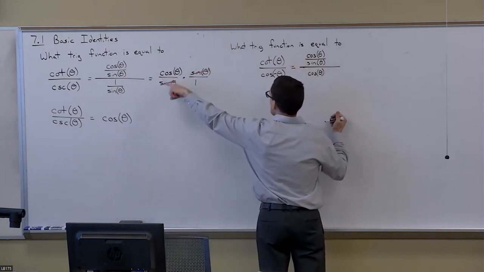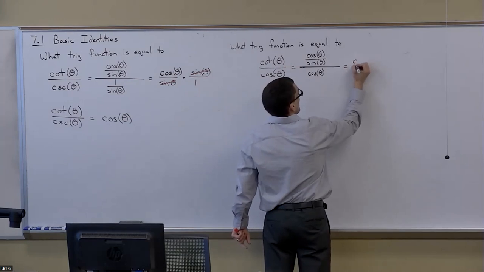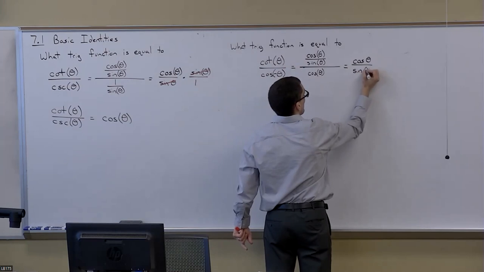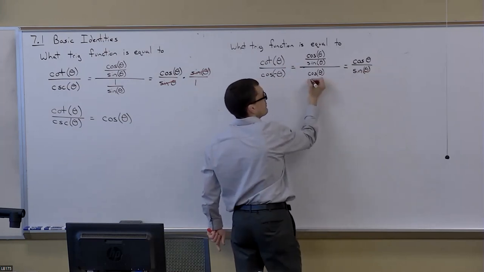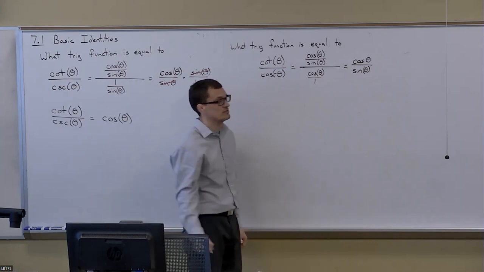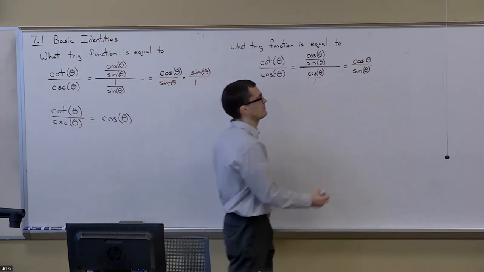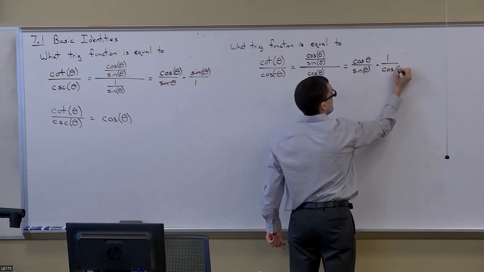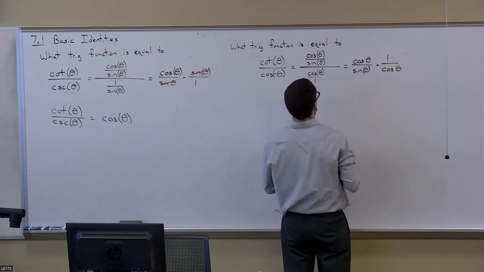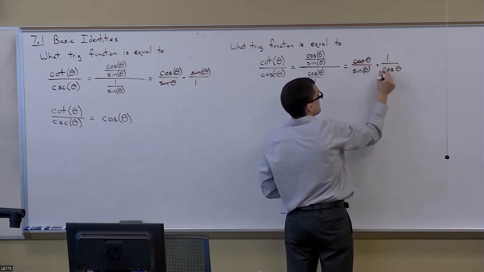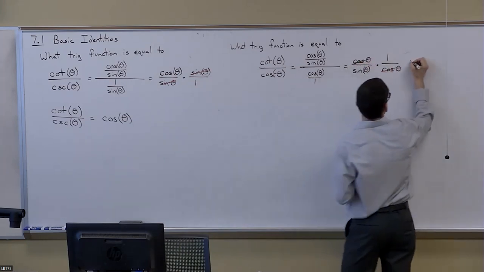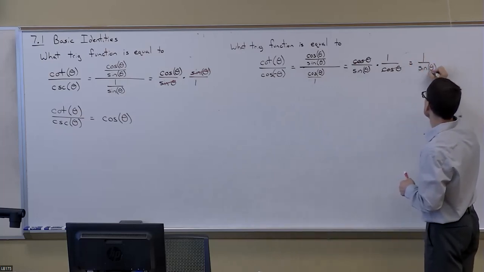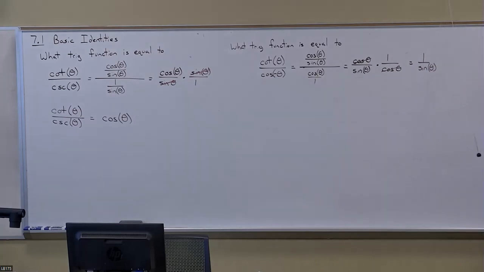Or you can do kind of the same thing I did over here. If I take cosine of theta divided by sine of theta, dividing by cosine is like dividing by cosine over 1, which would be like multiplying by 1 over cosine. And then my cosines cancel out, and I get 1 over sine. 1 over sine is cosecant.